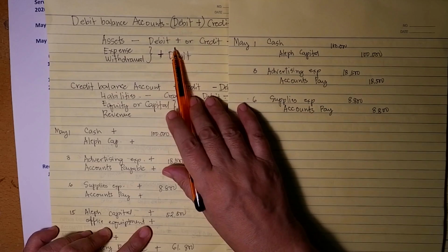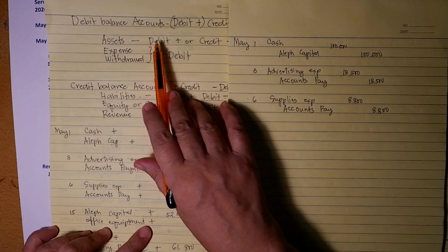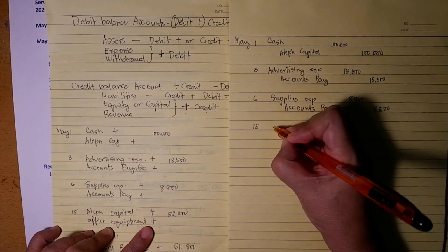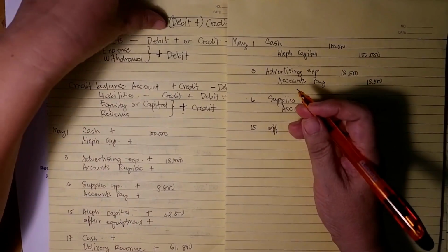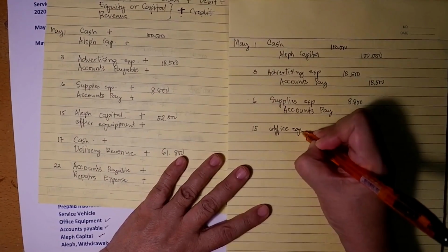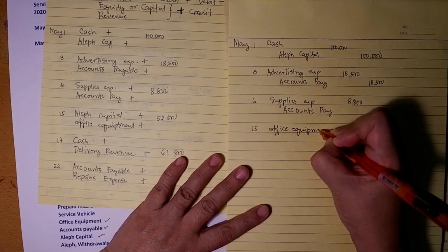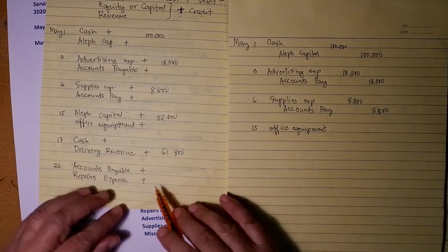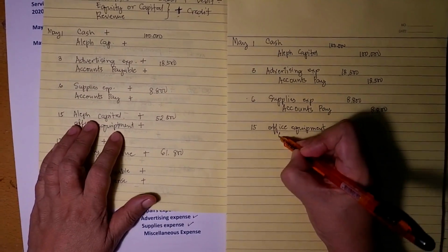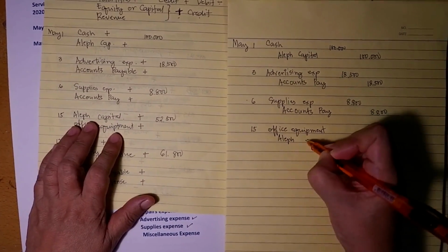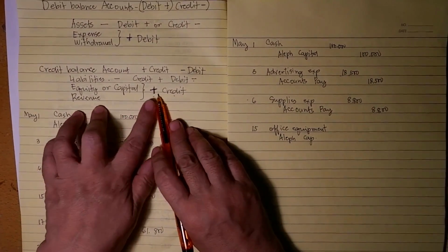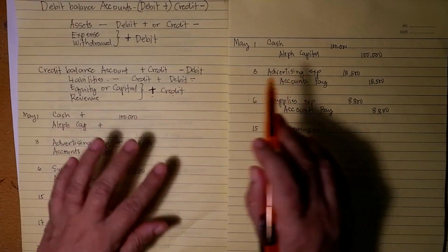So we have to record first the increase of office equipment because it is debit. So debit office equipment, and credit Aleph capital. Again, Aleph capital is always plus. So it is always credit.